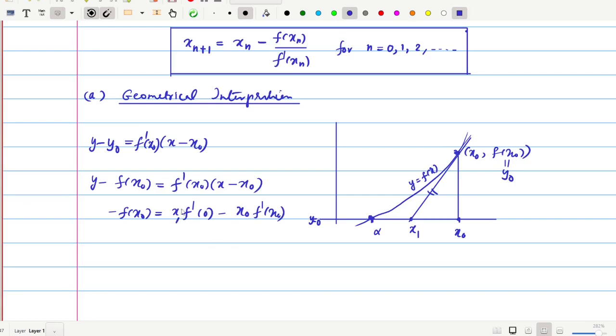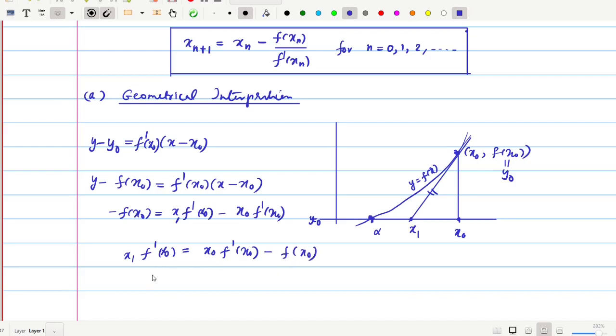So we need to replace this x by x1. Then you can easily get x1 from this equation; we can solve for this x1. Then x1 times f dash of x naught is equal to x naught times f dash of x naught minus f of x naught.